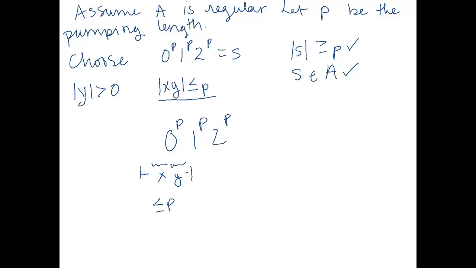So actually, X and Y must be in the zeros, and that leaves this piece to be Z. This bit here. Okay, if I ever say bit, I'm not saying bit in the computer science sense. Okay. So there are our possible decompositions.